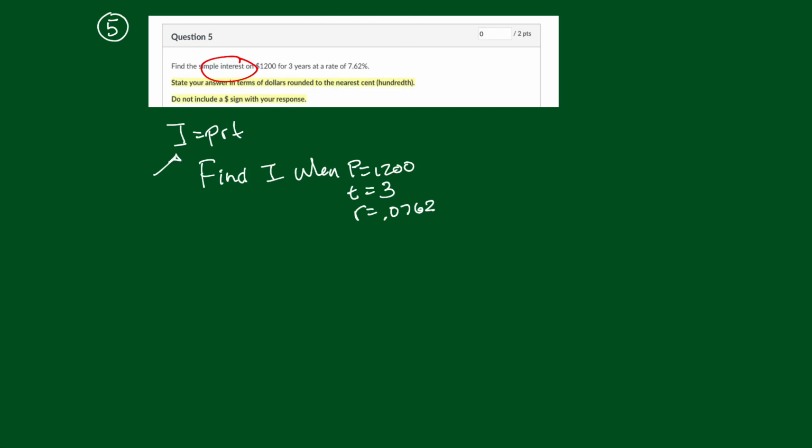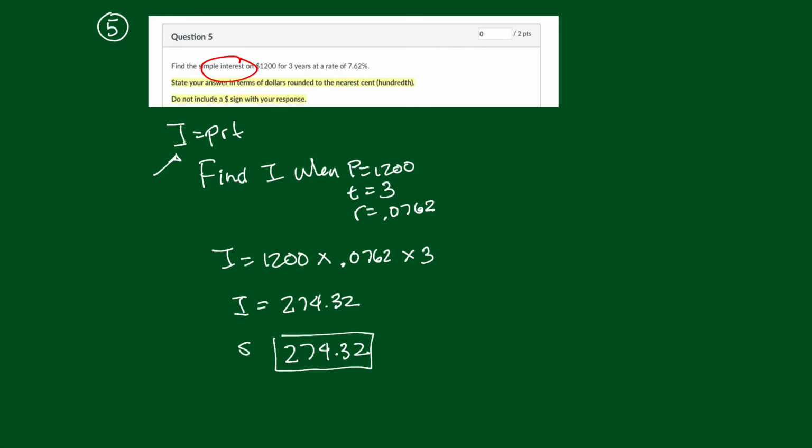Okay, so all I need to do here is put in I is equal to 1,200 times R, 0.0762, times T, which is 3. And when I did that, I got the interest to be 274.32. So I'm going to enter 274.32. And it says to enter without the dollar sign, right?